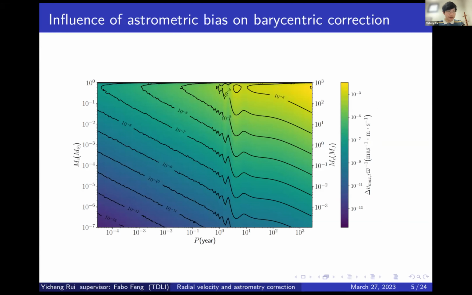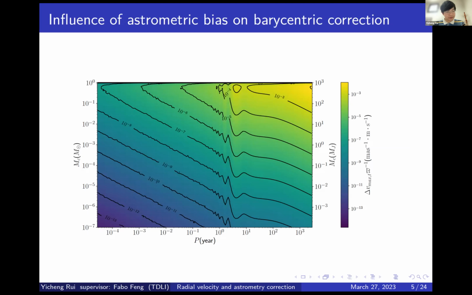And the radial velocity observational baseline is assumed to be 10 years for HIRES, and the measurement of the astrometry is assumed to be 3 years for the Gaia mission. And the light emitted by the companion is also considered in this simulation. We can find a trend that a companion with a larger period, that is the right part of the plot, and a larger mass, that is the upper part of the plot, has a larger influence on the radial velocity.